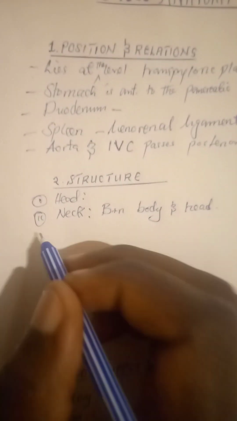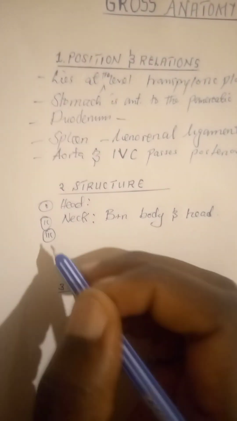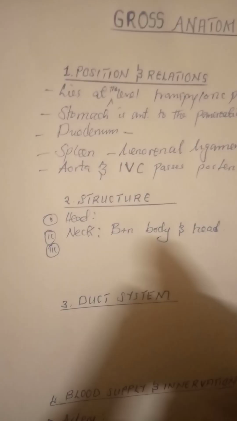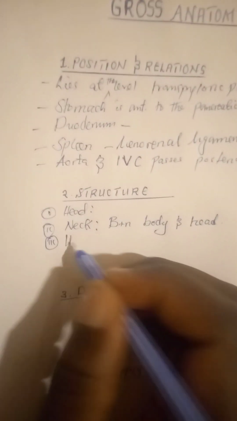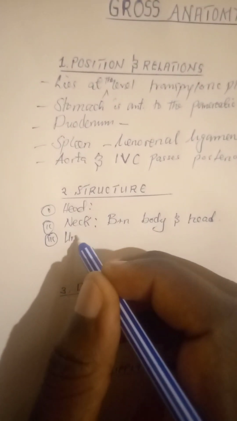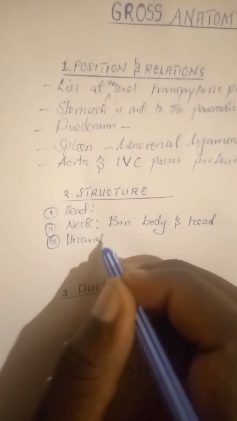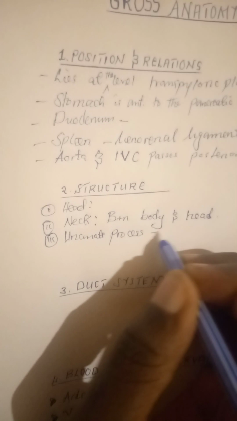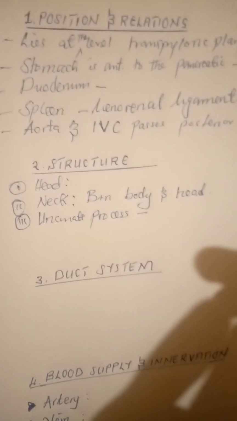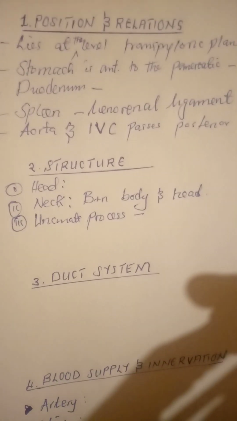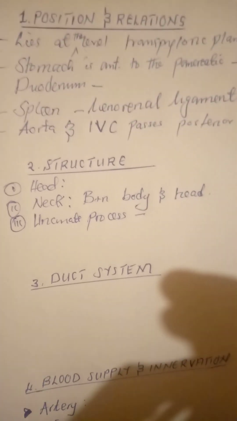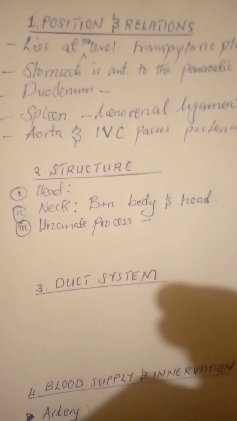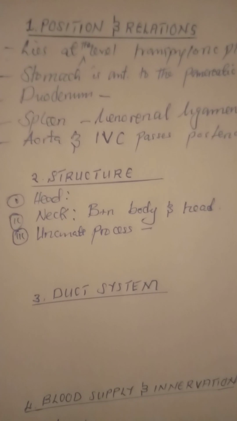And then we have the uncinate process. Basically these are projection-like structures arising from the lower surface of the head.